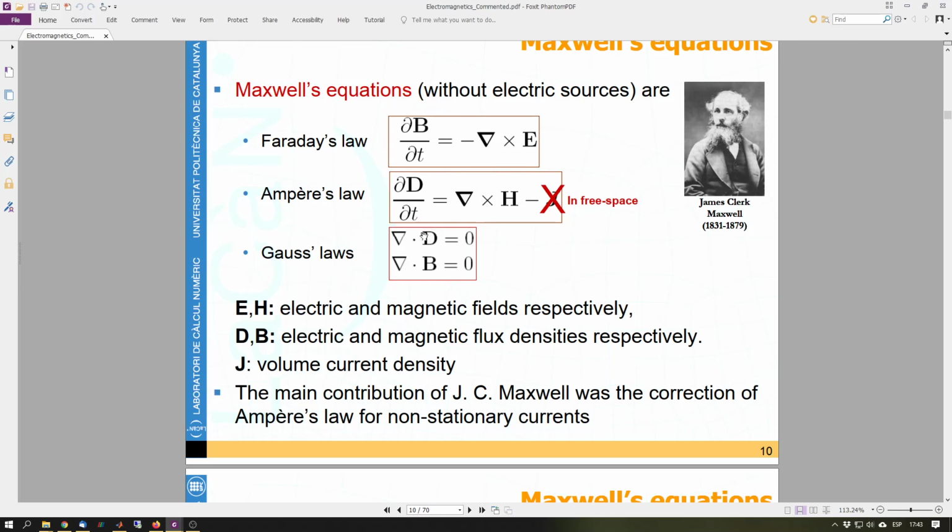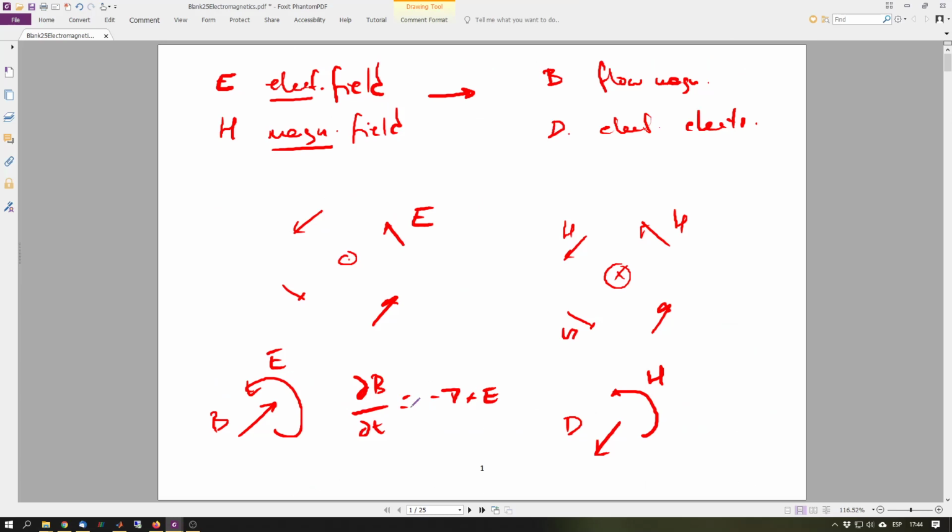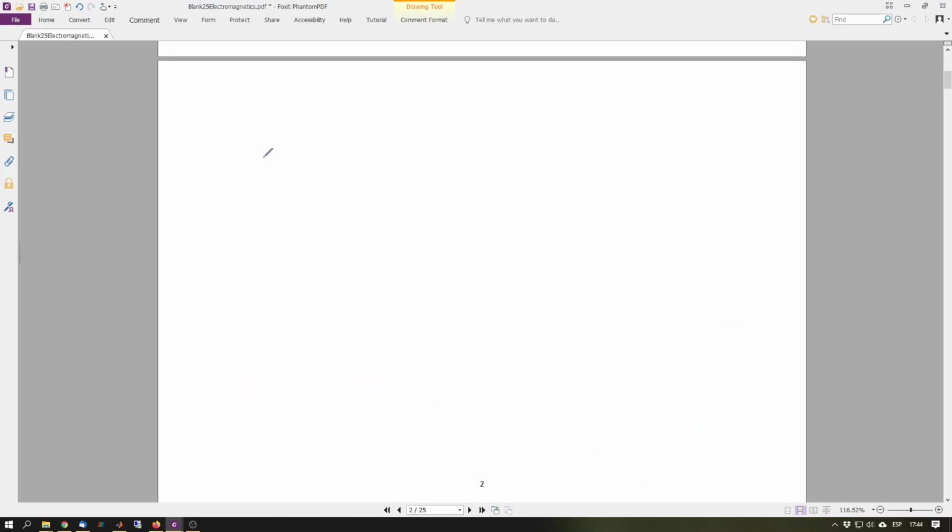There's also a property which is a consequence of these two equations. If we take the divergence of these two equations, on the two sides, the divergence-free conditions follow.